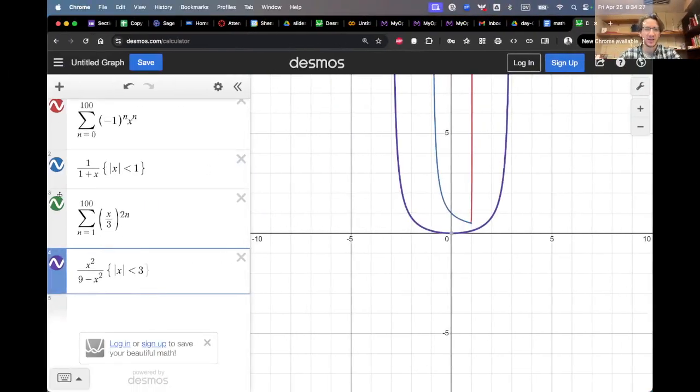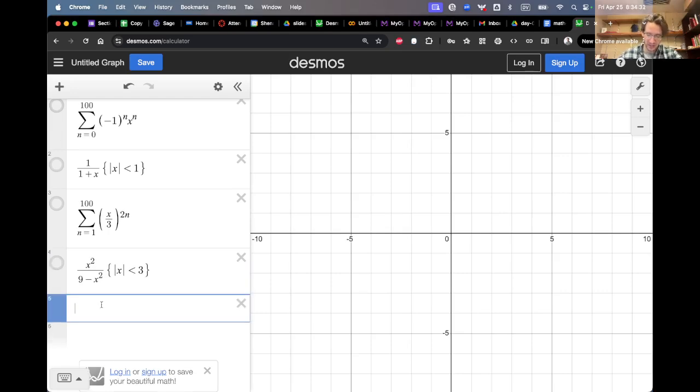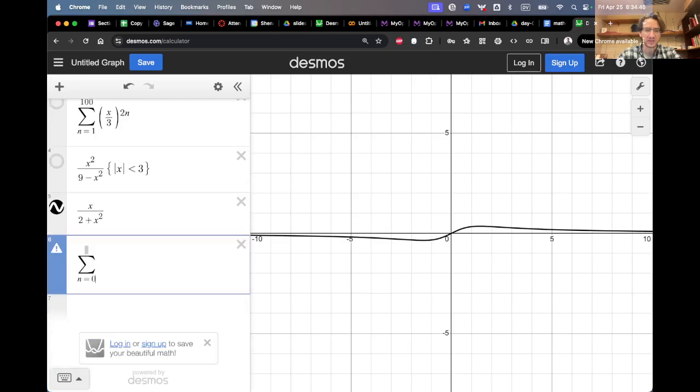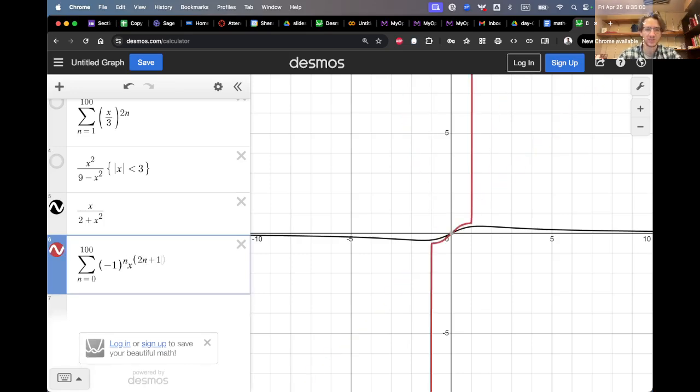Let's make sure this works out. Let's hide all these things. First, the function we want is x over 2 plus x squared. Cool beans. And then our geometric series looks like the sum n equals 0 to infinity, but again, Desmos hates infinity, so I'll just write to 100 of minus 1 to the n times x to the 2n plus 1 divided by 2 to the n plus 1.